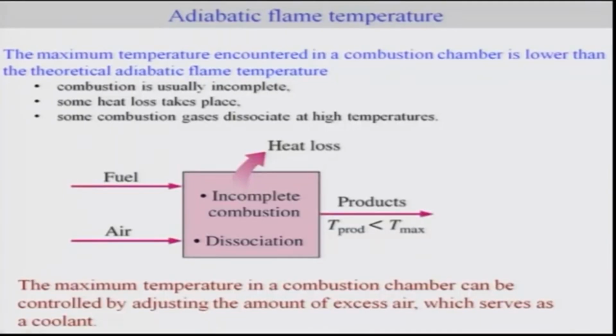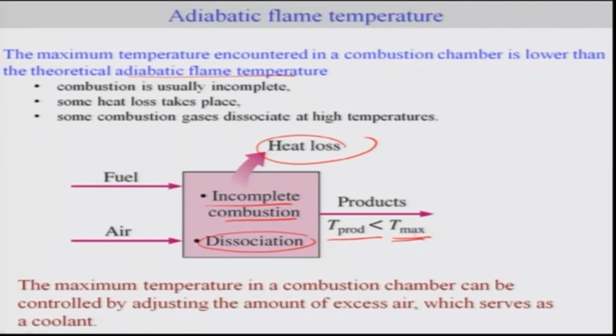The maximum temperature encountered in the combustion chamber is typically lower than the theoretical adiabatic flame temperature, because there could be heat loss from the combustion chamber, incomplete combustion, and dissociation of the gas at high temperature. Thus, T product is usually less than T maximum, the maximum adiabatic flame temperature or theoretical temperature.